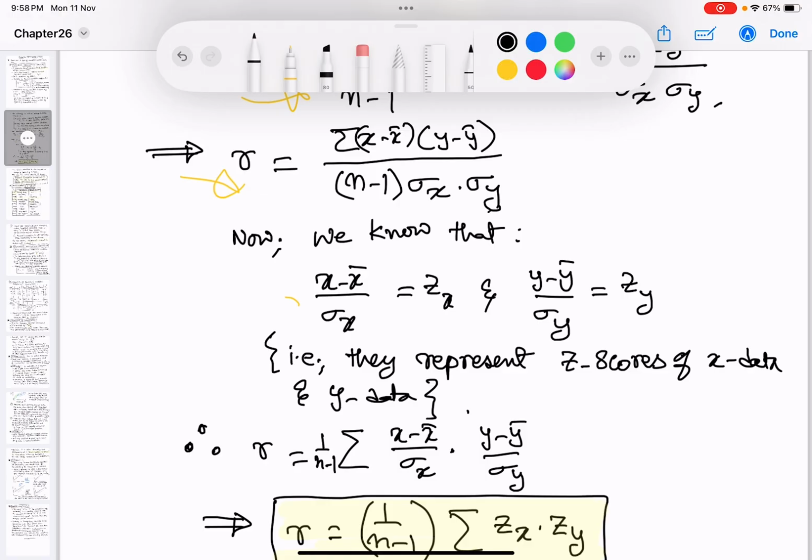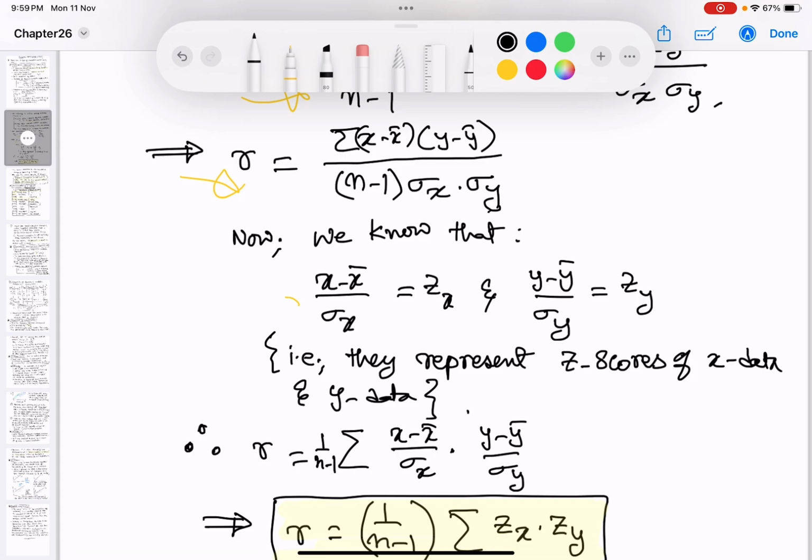It's very simple. Zx is basically x minus x mean divided by the standard deviation of x, and zy is basically y minus y mean divided by the standard deviation of y. So these are the formulas of zx and zy. They basically represent the z scores of the x data and the y data.